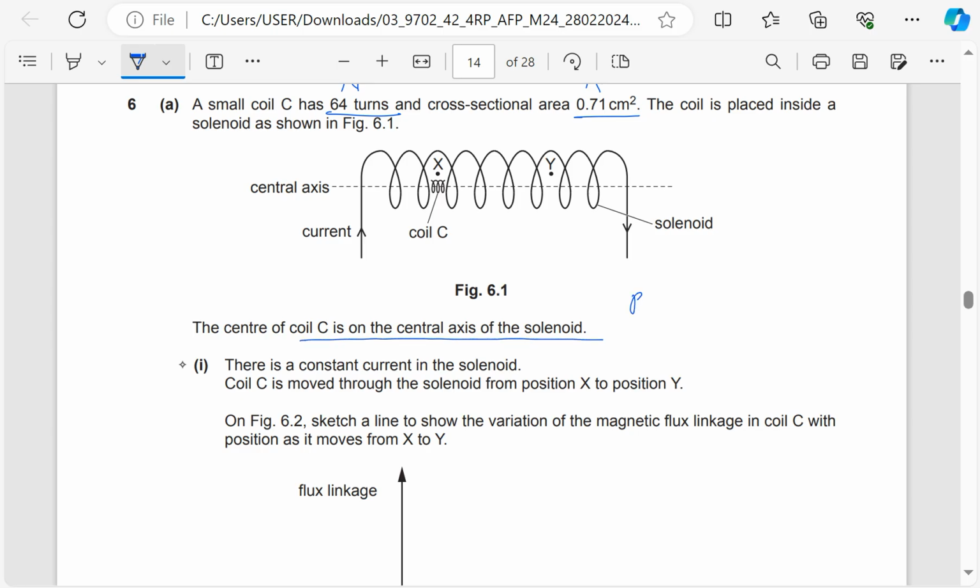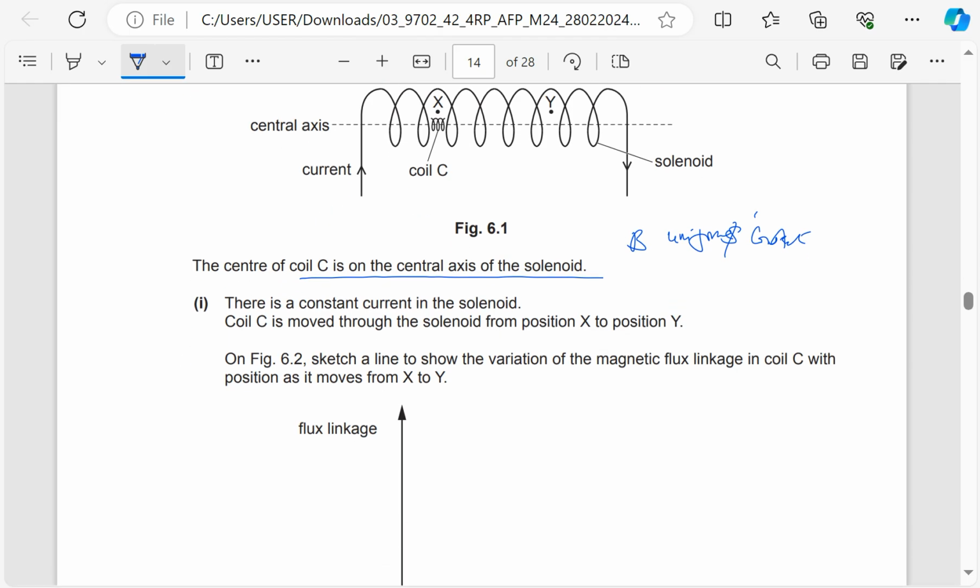Remember, B in the middle of the solenoid is uniform and constant, because the current is constant. There is a constant current in the solenoid. Coil C is moved through the solenoid from position X to position Y.